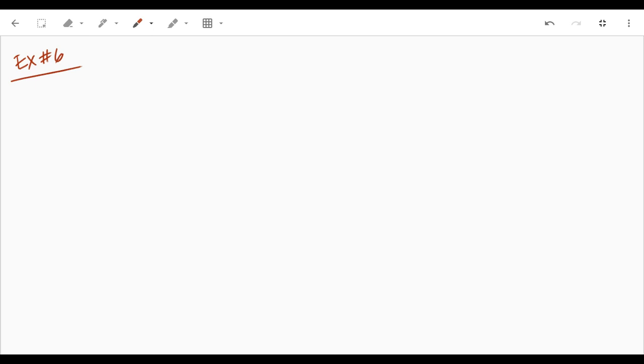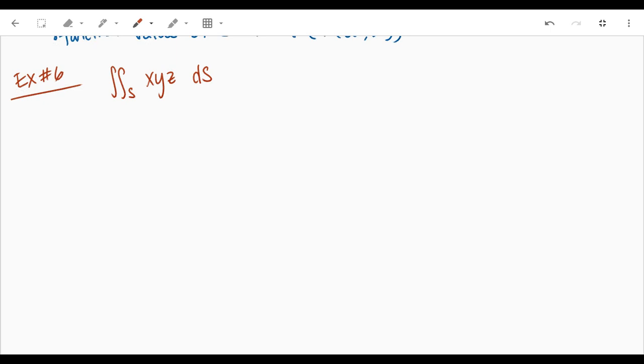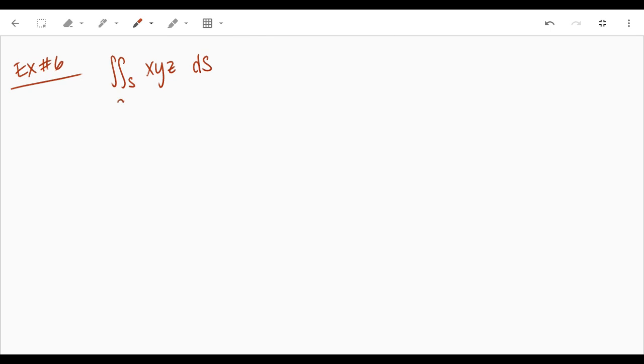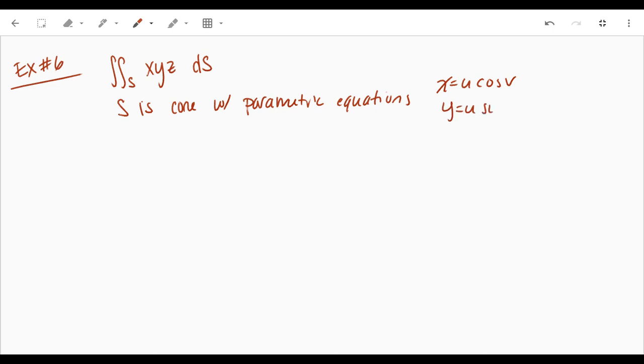They want you to find the surface integral of the function xyz dS, where S is the cone with parametric equations x equals u cosine v, y equals u sine v.